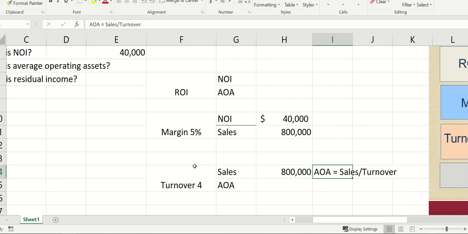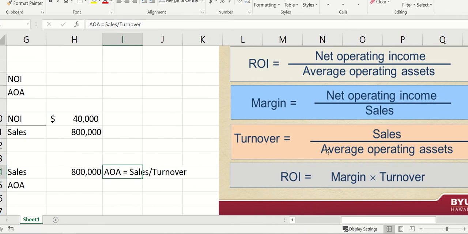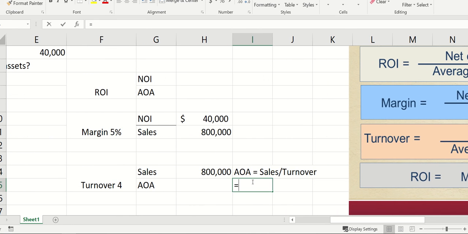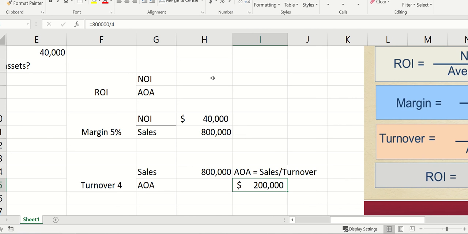So in order to isolate it, you would have to multiply the average operating assets over here by the turnover and then divide by the turnover: sales divided by turnover. So I would do 800,000 sales divided by turnover, which is 4. So I have 200,000 in average operating assets.